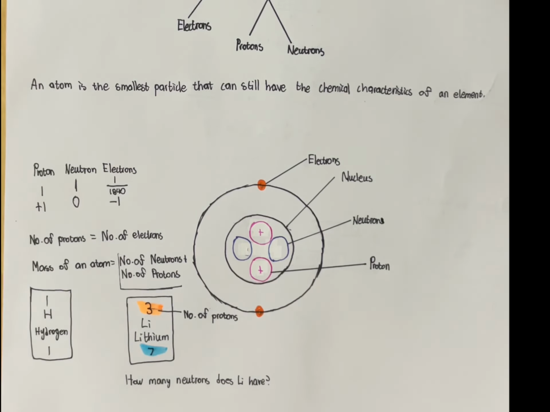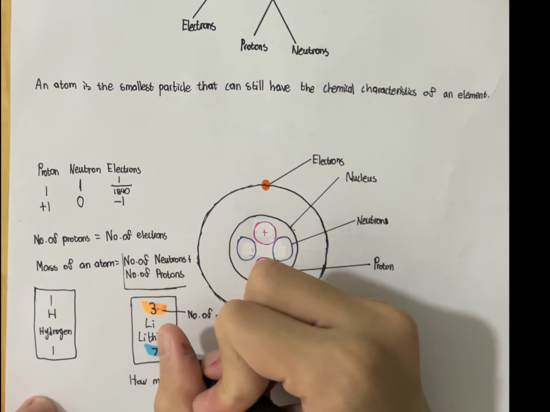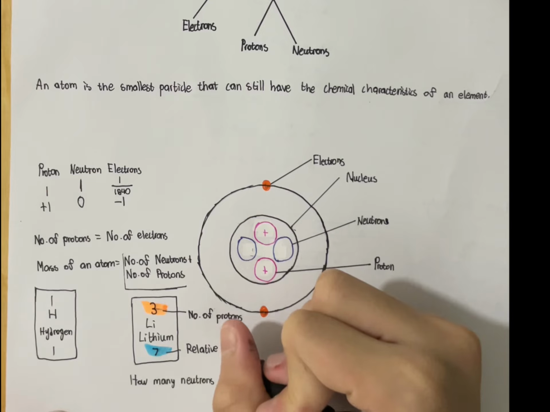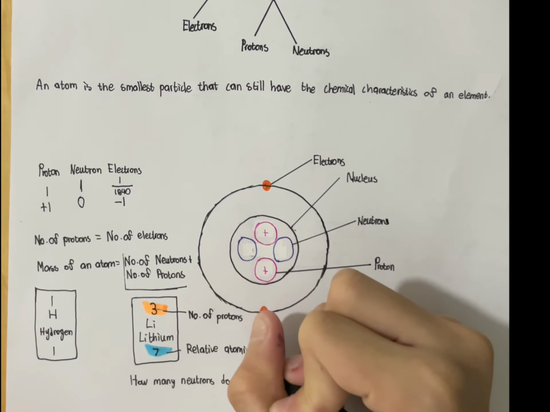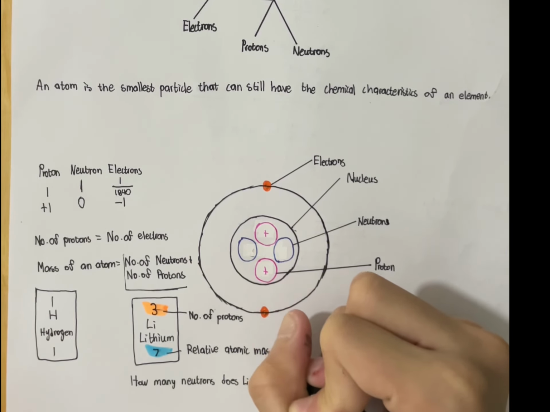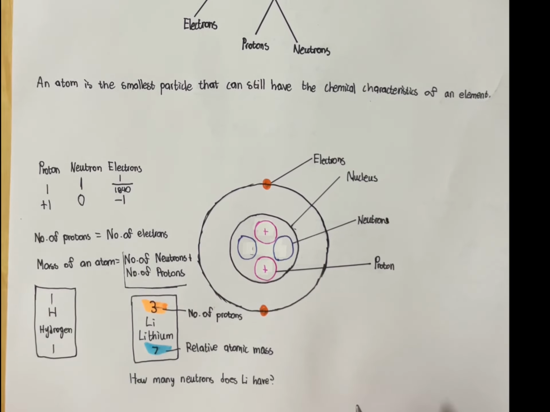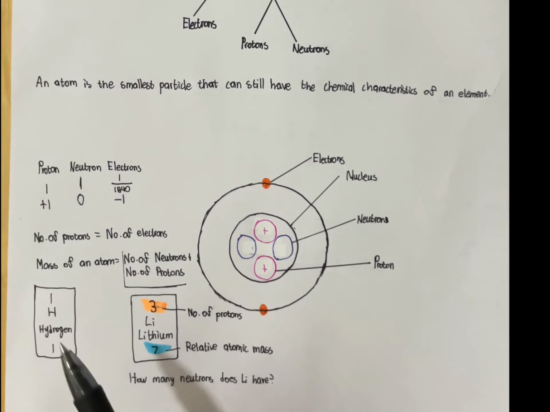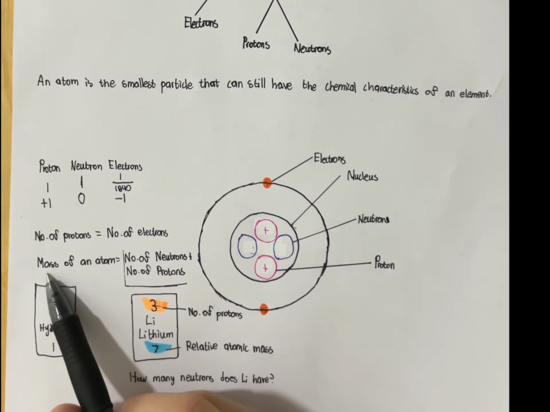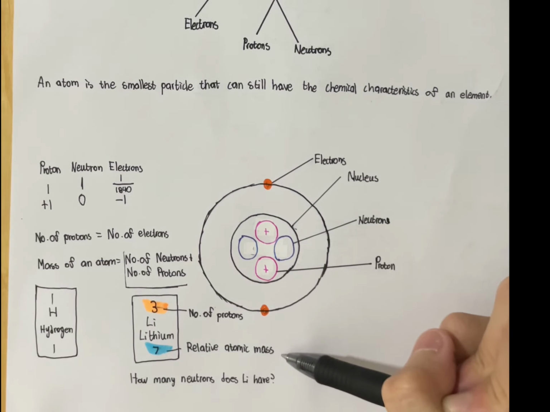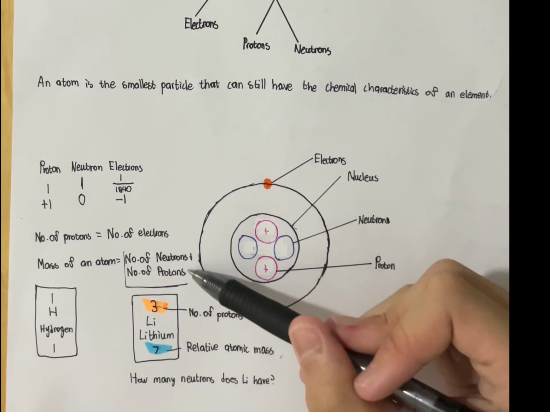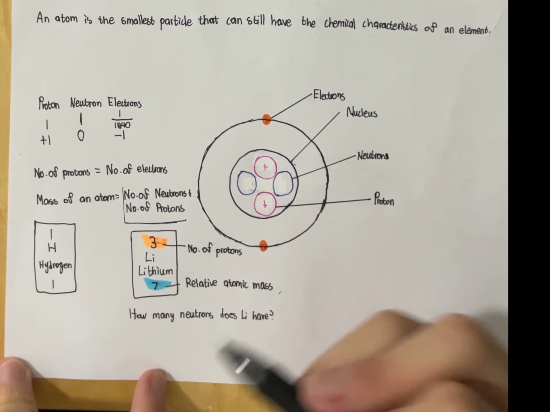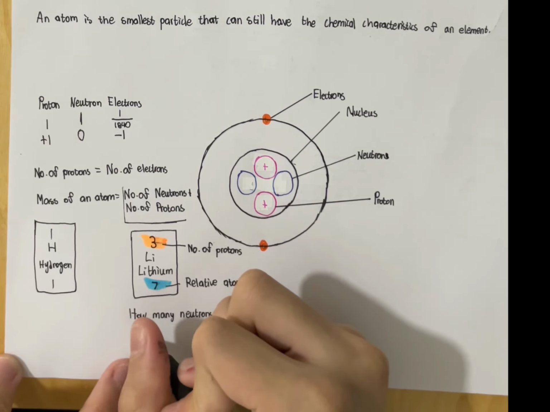This is the relative atomic mass. Well, you might ask, why does this matter? It matters because we have previously determined that the mass of an atom, which is just this relative atomic mass, is equivalent to the number of neutrons plus the number of protons. We can write it down algebraically so it's easier.